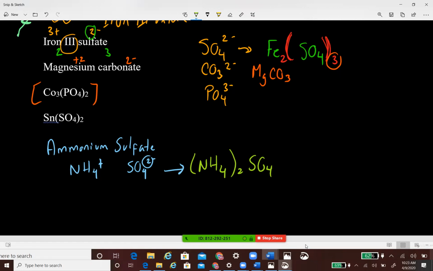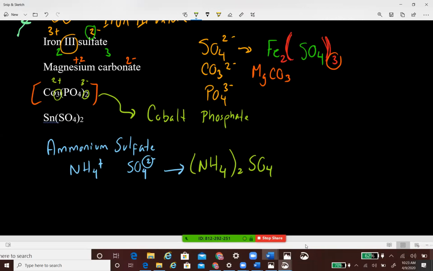So let's look at 2 examples of the opposite, where you have the formula and then you want to name them. Here is Co, cobalt, and then PO4 is phosphate. If you do the reverse crossover rule, we know that this 3 came from phosphate, and that 2 came from cobalt.